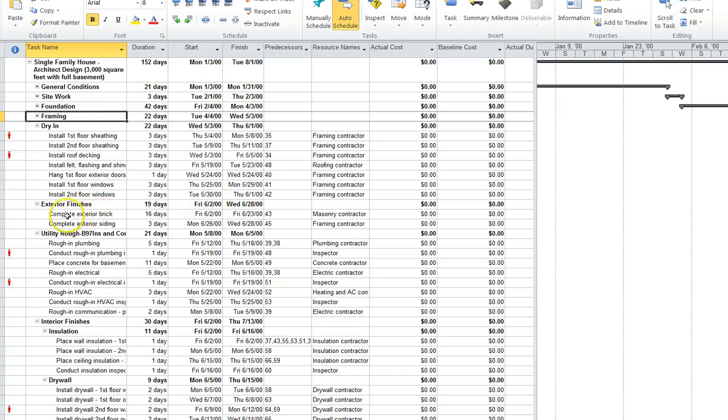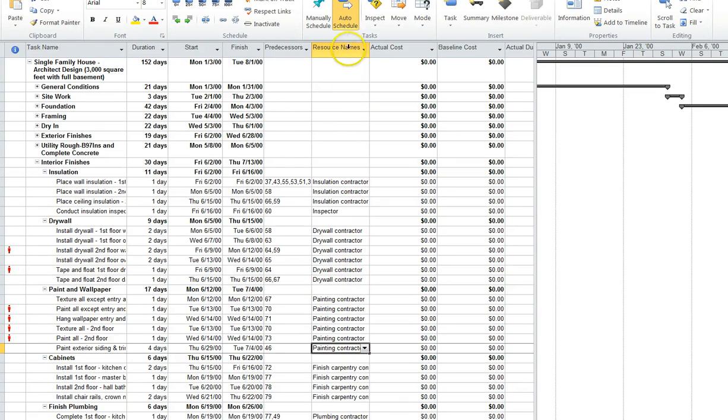For example, before the exterior brick is laid, we need to finish task 43, which is install the windows. Task 43 is over here, you cannot see it, but we need to install the windows before we lay the exterior bricks.